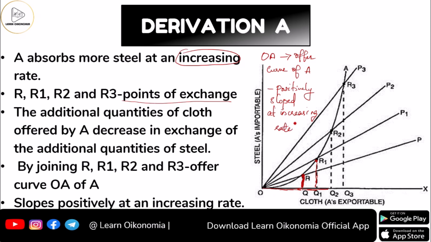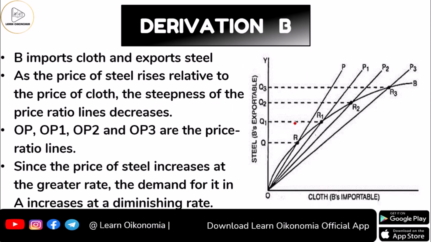Okay. Now, having derived the offer curve of A, we are now moving on to the offer curve of B. As I have told you, here B imports steel to A. So this is not the situation.